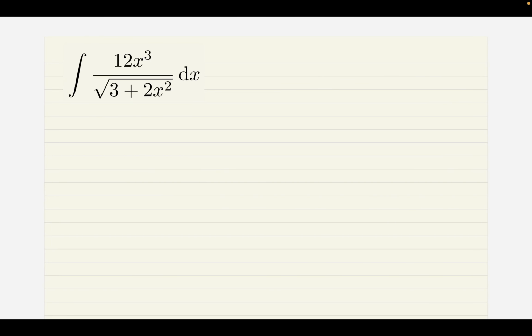Okay, this one might be a little bit more tricky because at first glance it seems that there is nothing that I can take as u, because the derivative of none of these parts becomes a multiplicative factor in the integrand itself. For example, if I take this to be u, which is something that usually comes to mind, then what happens, this becomes 3 plus 2x squared.